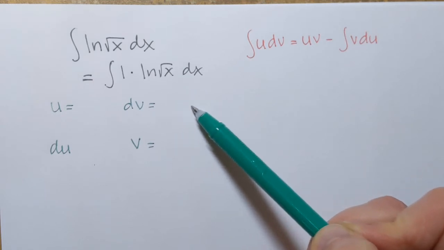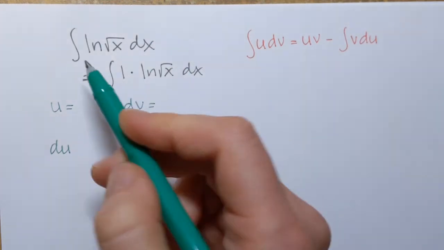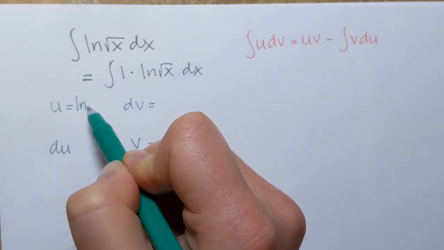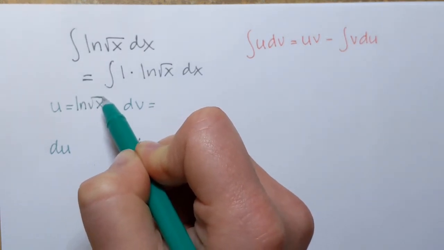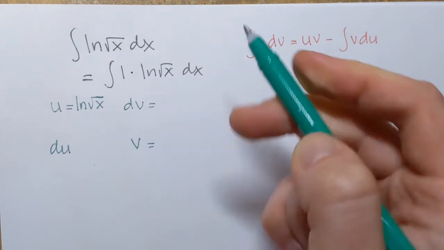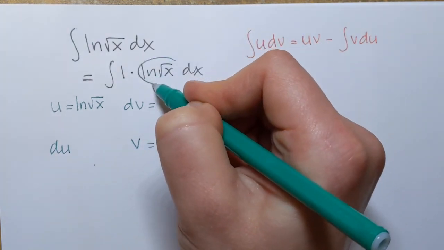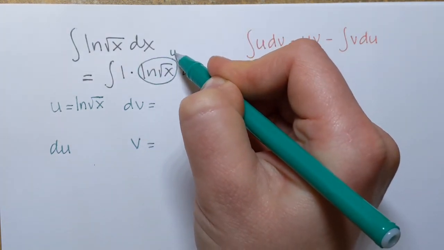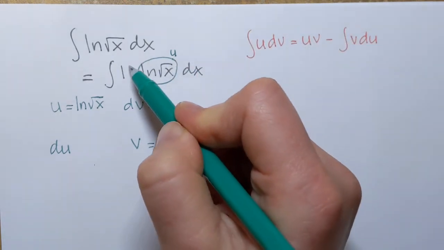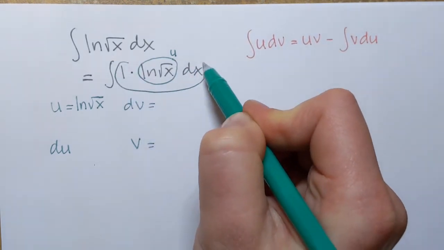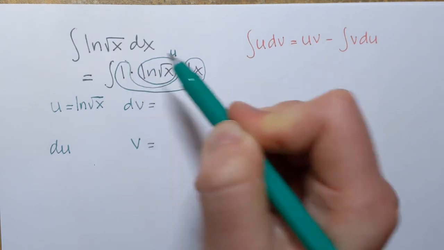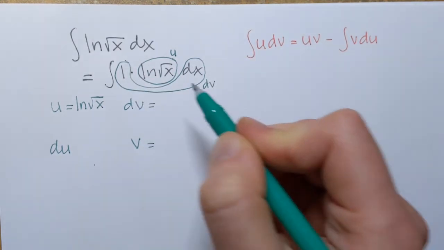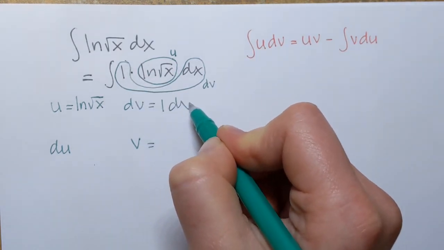So I'm not going to be assigning ln of square root of x here. It means that I have no choice but to put it over here: ln of square root of x is u. It means that dv will be 1 dx.